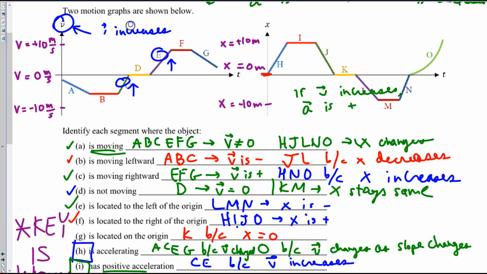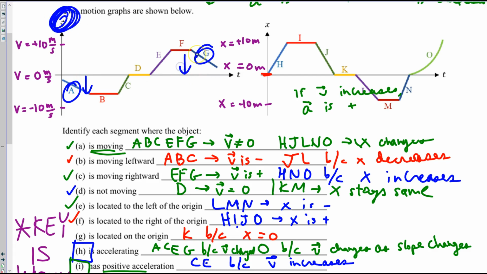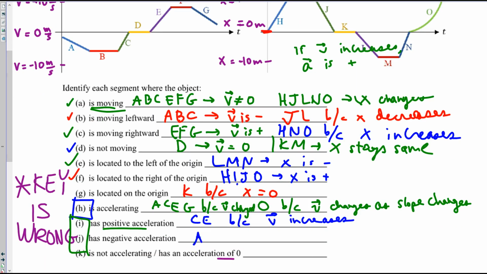Well, it's a very similar rule. If the velocity goes down, the acceleration is negative. And that's true for, let's see, in A, the velocity is going down, so it's decreasing. In G, the velocity is decreasing as well. So the answer is A and G for negative acceleration, because velocity decreases.